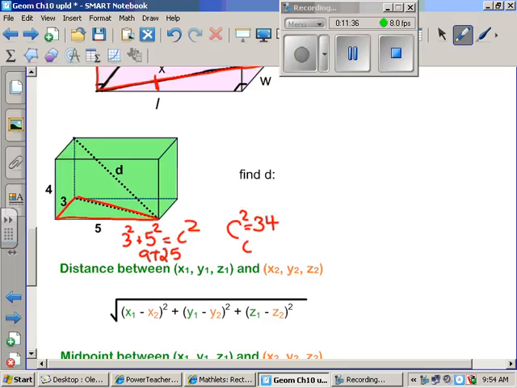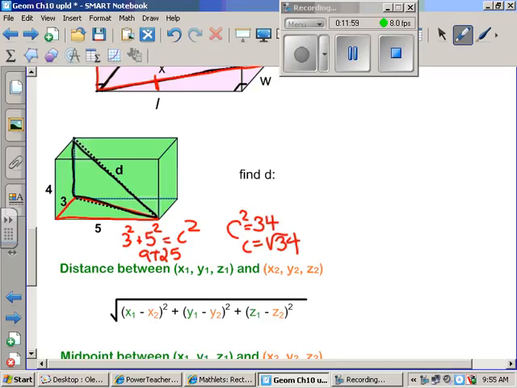Okay, so C is square root of 34. Then, I'm going to do another right triangle down here, here, and here. It's 4 tall, so one of my legs is going to be 4. The other leg is going to be square root of 34, and then the D is what I'm finding.